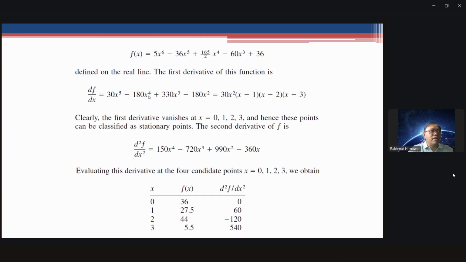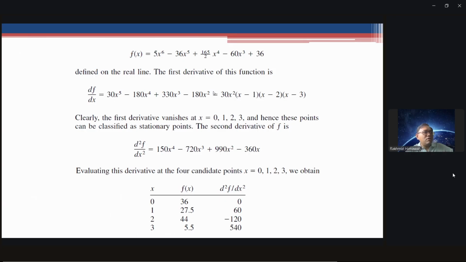So 180x to the power of 4, and so on. So this is what you learned previously in the previous semester, also in high school probably. The 36 has no x, so if you take the derivative, that's just going to be 0. There's nothing. So we have this now.